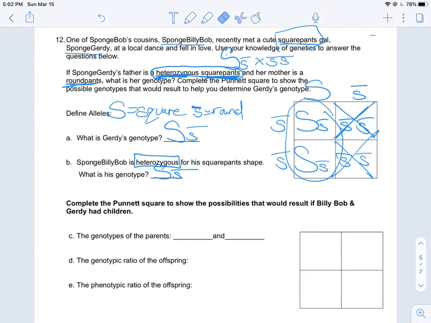All right, next step. Let's complete a Punnett square to show the possibilities that would result if Billy Bob and Gertie had children. Gertie is heterozygous and Billy Bob is heterozygous. I'm going to go ahead and do this Punnett square.